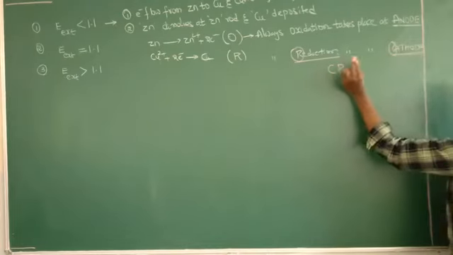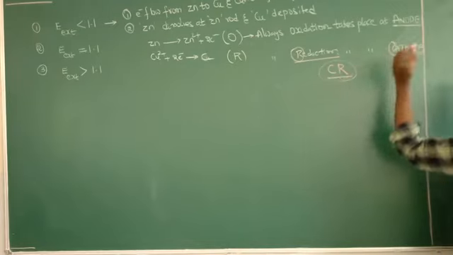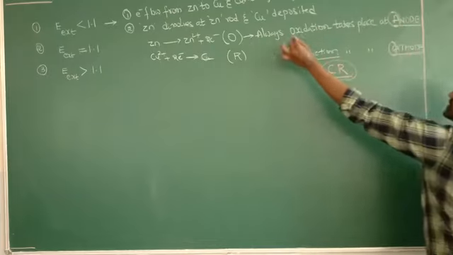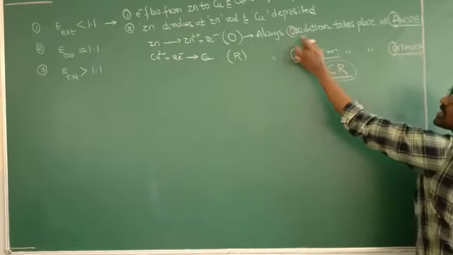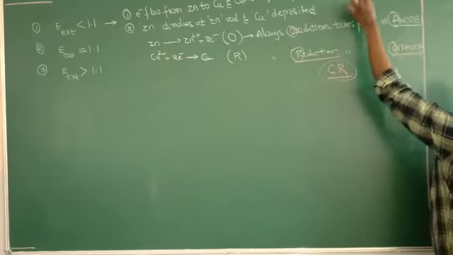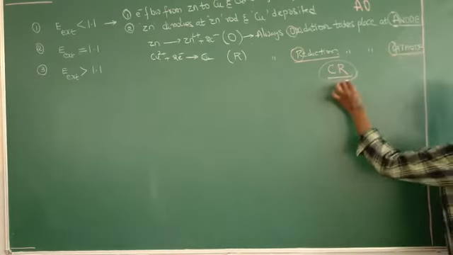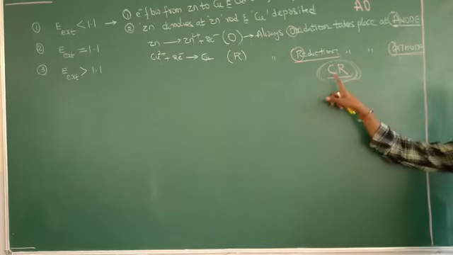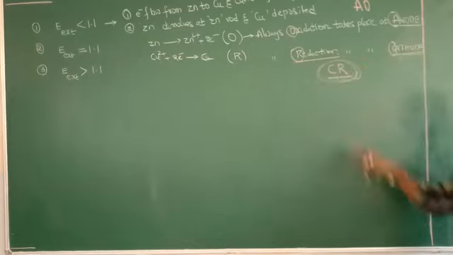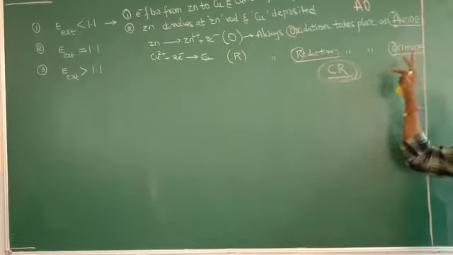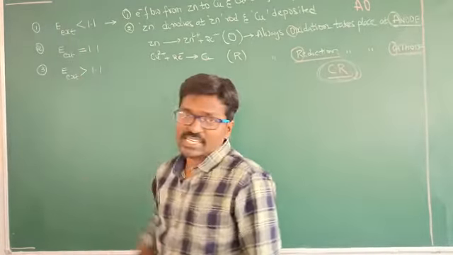Always reduction occurs at the cathode. Similarly, AO: in anode the first letter is A, and in oxidation the first letter is O. So it is better to remember CR: C means cathode, R means reduction. This is regarding the case when the external potential is less than 1.1.